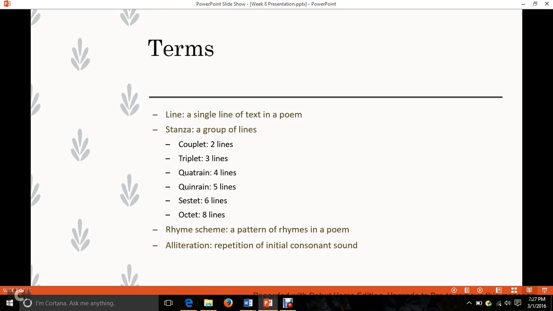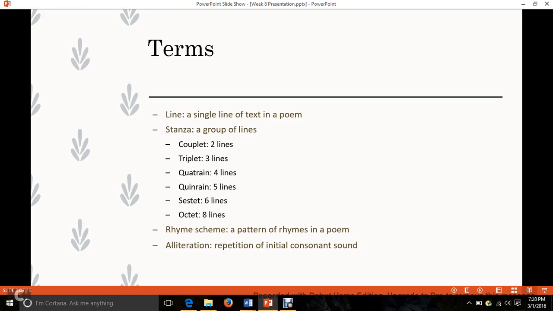Now, oftentimes when you approach a poem, they will have what are called stanzas, and this is a group of lines added together. A lot of times when you have stanzas, they have a particular format in a poem. So it could be a 4-line stanza pattern, with several 4-line stanzas throughout the poem, and each of those stanzas have their own little words for them.